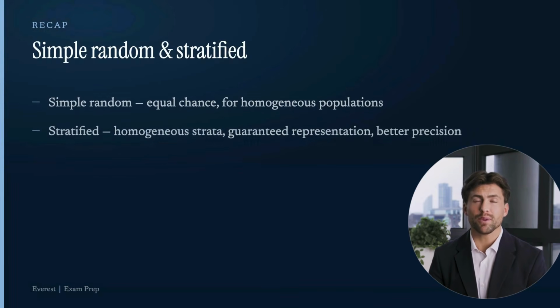Simple random sampling gives every element an equal chance of selection, and works best when the population is reasonably homogeneous. When meaningful differences exist, stratified sampling divides the population into relatively homogeneous strata and samples from every one, guaranteeing representation of important subgroups and often improving precision.